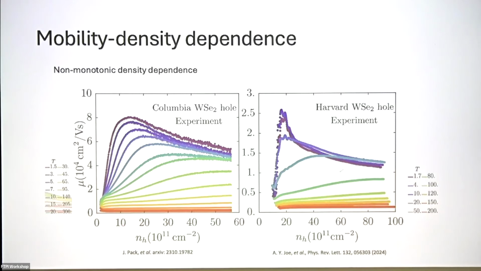This is because the contact is better in the Columbia sample. In the Harvard sample, the contact resistance is so high at this density that all data collapse here. Because of that, I will focus on the Columbia sample in the rest of my talk.